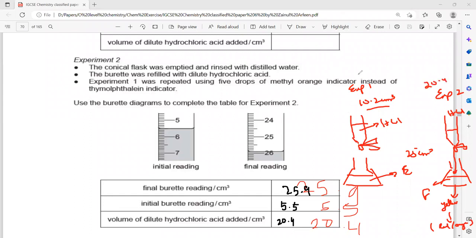Can you identify which solution is more concentrated, E or F? Solution E, with the 10.2 centimeter cube? Which solution is more concentrated, E or F? The correct answer is F.